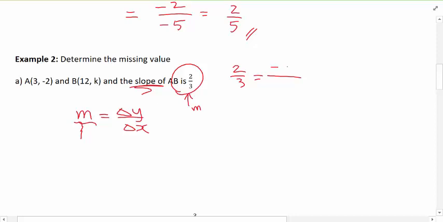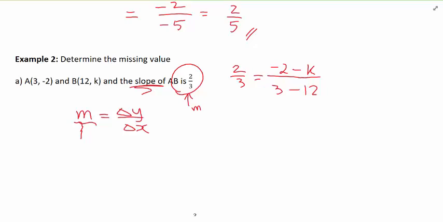Negative 2 minus k. Do you understand? If I subtract the y values, I should get negative 2 minus k. On the bottom, what do I get? I get 3 minus 12. Is everyone okay with that? This is the slope formula.